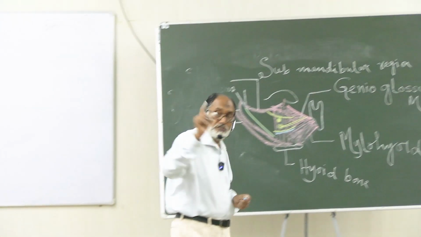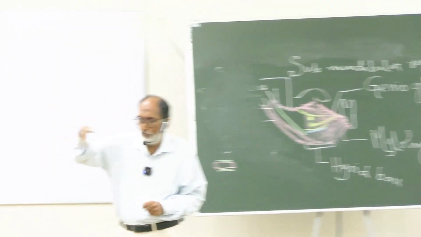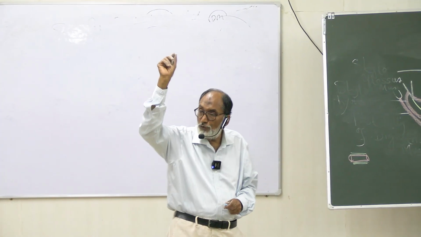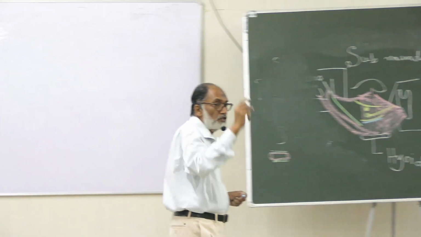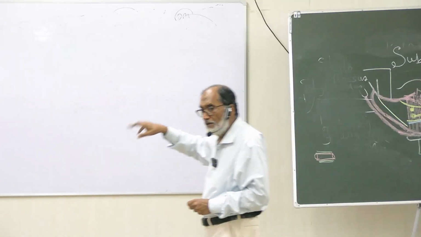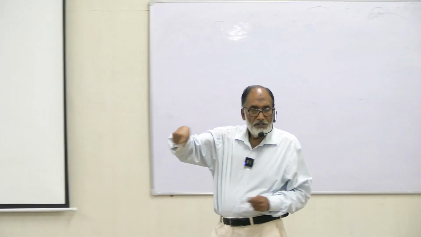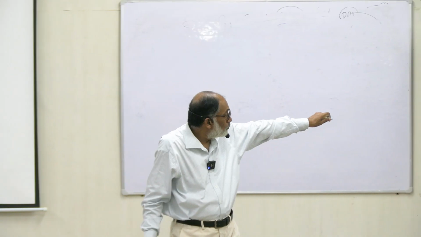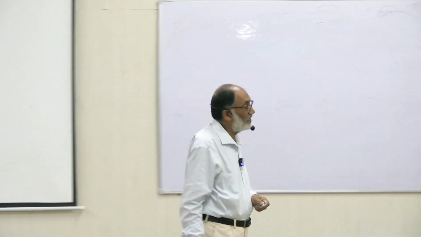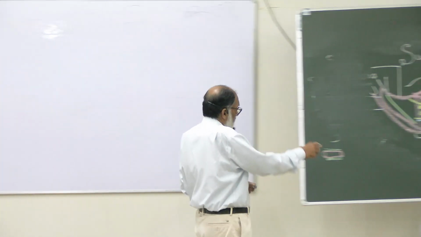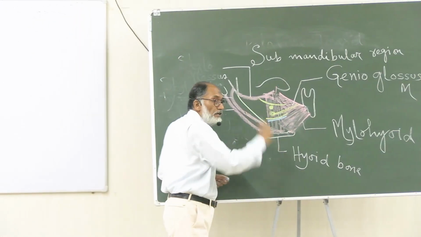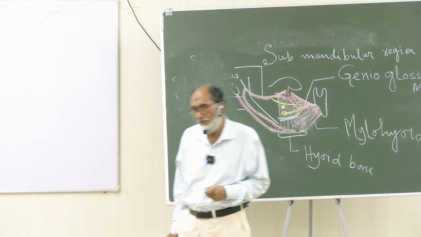Actually, you need not remember it. It is coming from the superior salivary nucleus. From the superior salivary nucleus, it will come through the facial nerve. From the facial nerve, it will come to this gland through the chorda tympani nerve, and it will relay here, and from there the postganglionic fiber will come out and supply the submandibular gland directly.